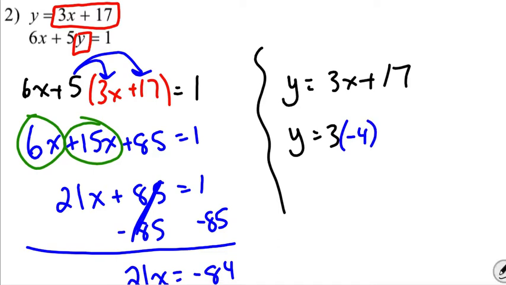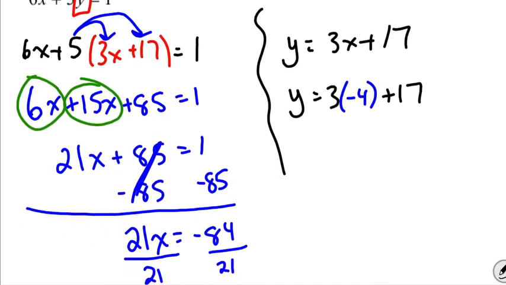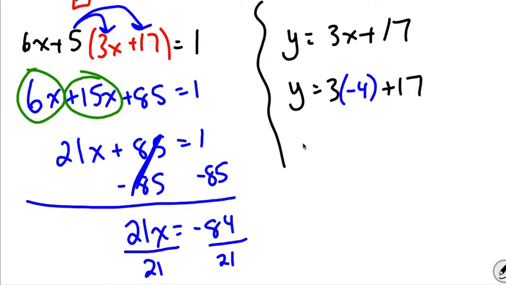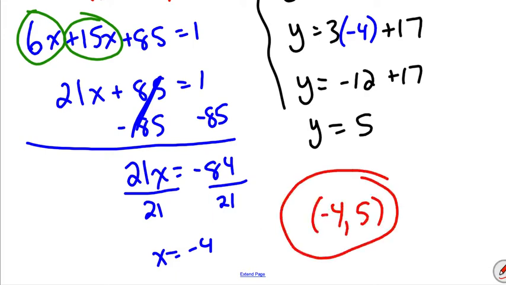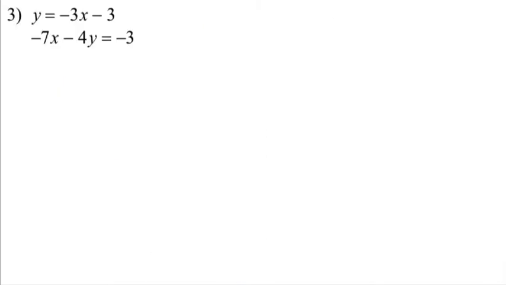Now, go through, simplify. 3 times negative 4 is negative 12, plus 17 tells me that my y value is 5. Final answer, x goes first, y is second. And again, I know I'm going through these quickly because you have the ability to pause, rewind, and rewatch it. So do that if you need to.